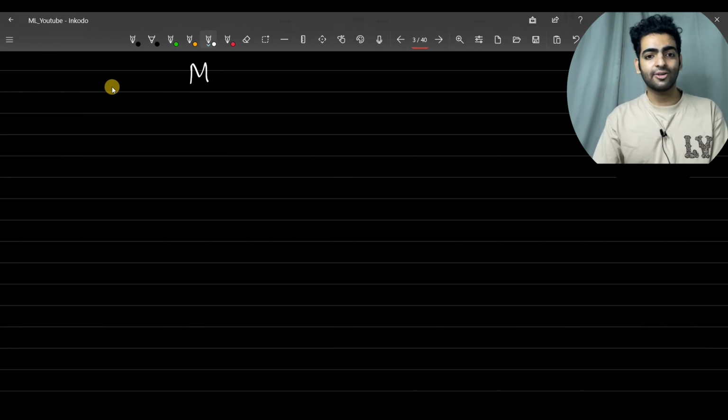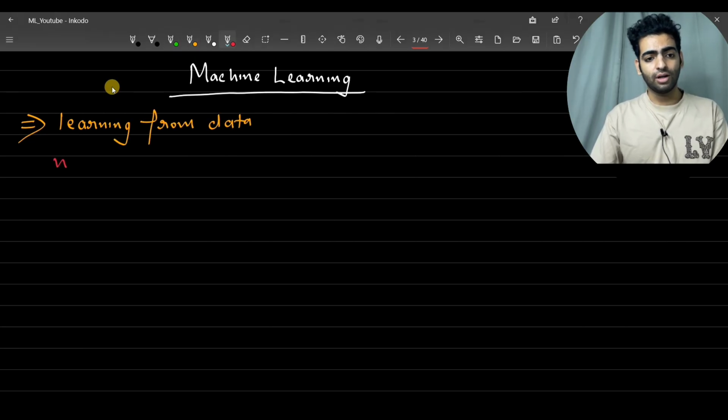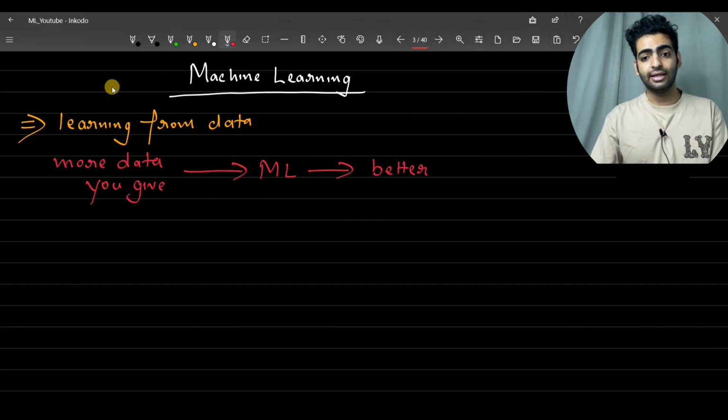Now let's understand what machine learning actually is. Okay, so see, machine learning in layman terms is all about learning from data, right? So all it means is that more data you have, the more data you give to your machine learning algorithms, the better it will learn.